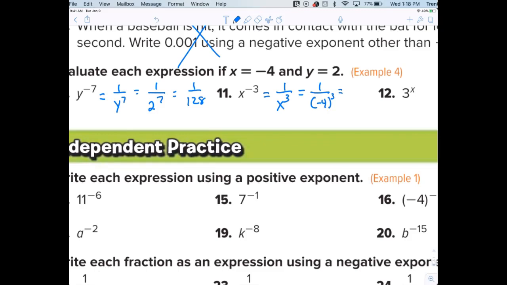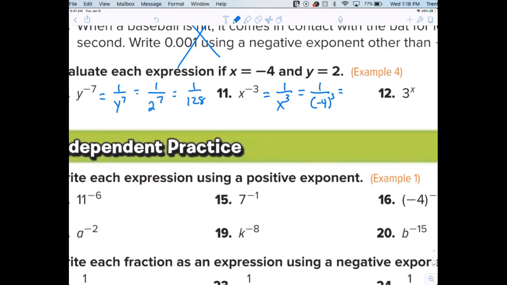Why would you put parentheses around it? Because we're making a substitution. We talked about that a lot yesterday. Sometimes you get the wrong answer. If it's to an even power, it's going to be positive.